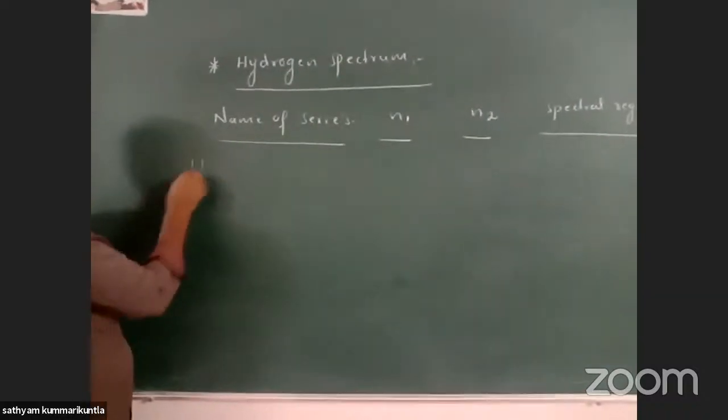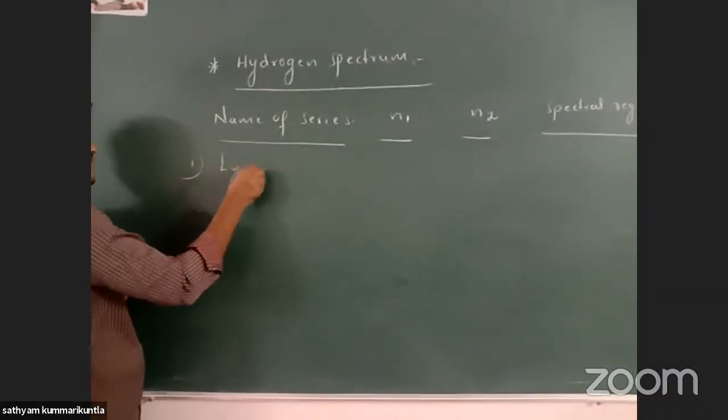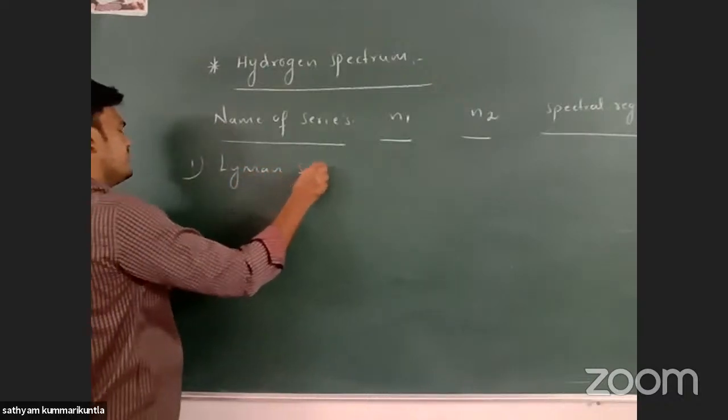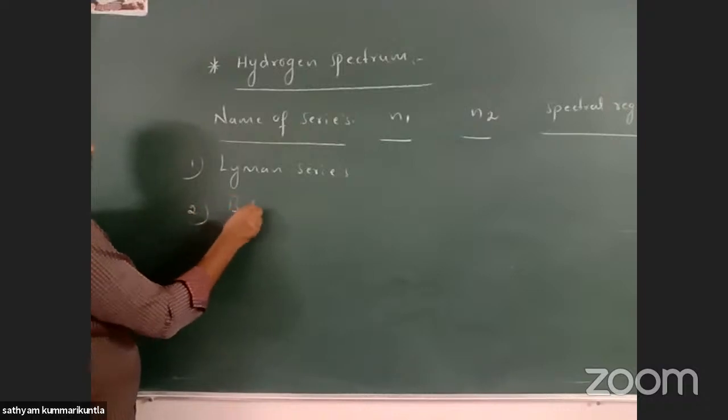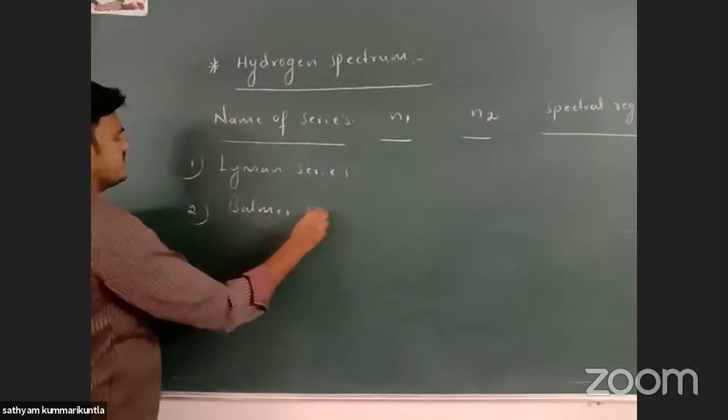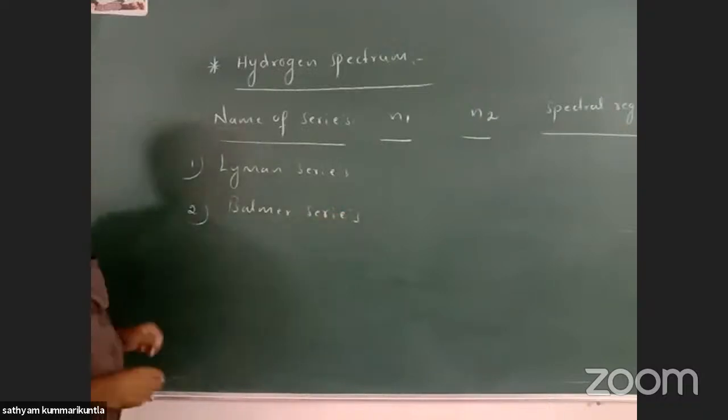So first one is Lyman series. Second one, Balmer series. Next one, Paschen series.